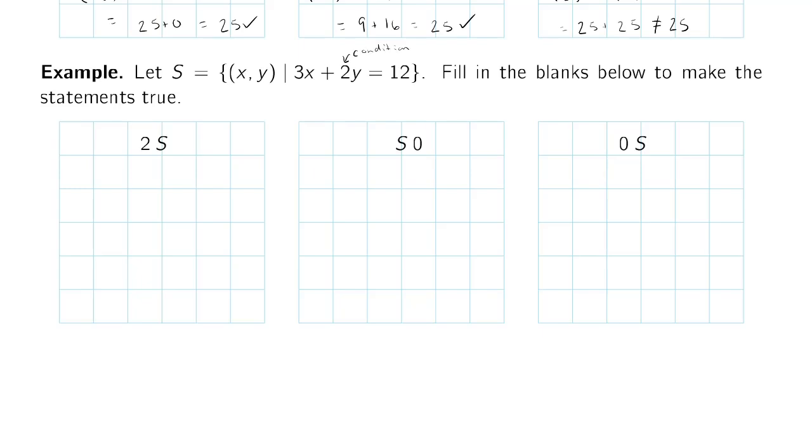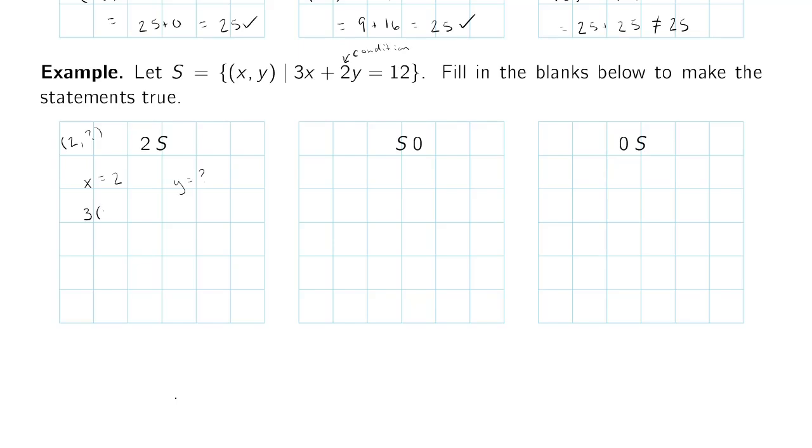So if we want to say 2 is related to something, well, that's telling us about the pair 2, and then we want to find the second entry. In other words, X is 2. What is Y? Well, let's plug in.